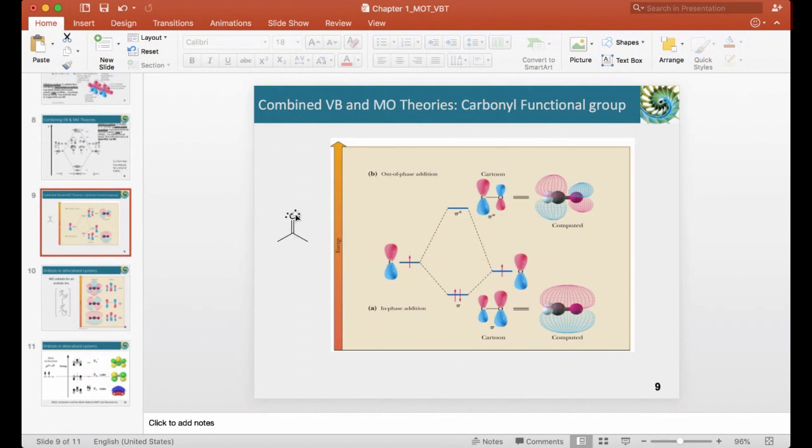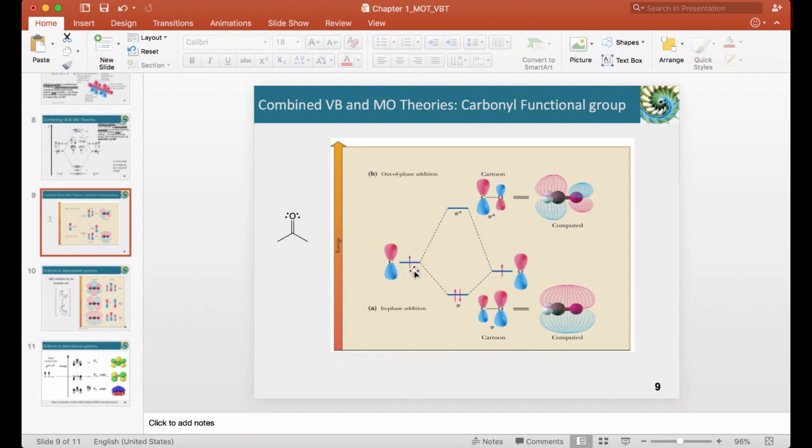In this case, we're going to look at a double bond CO, or a carbonyl functional group. What's the difference in between this CO and the CC that we saw before? Well, in this case, we have two different atoms, one of them oxygen being more electronegative. Look at the diagram here.